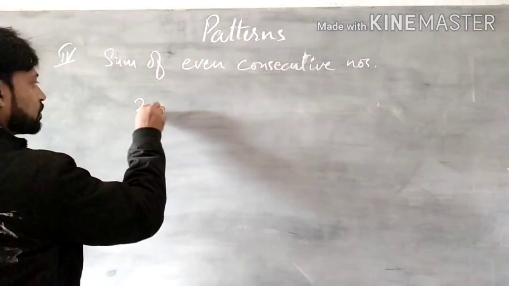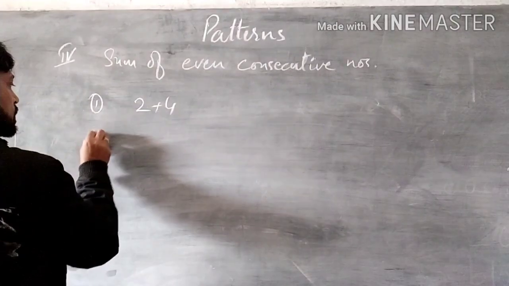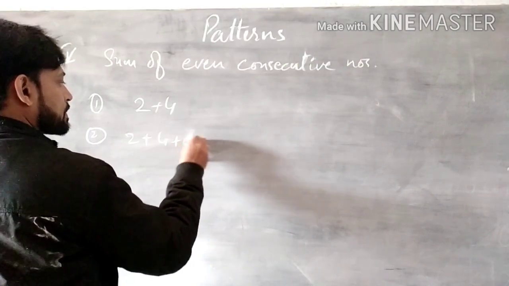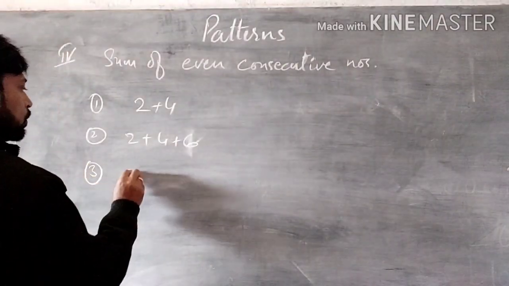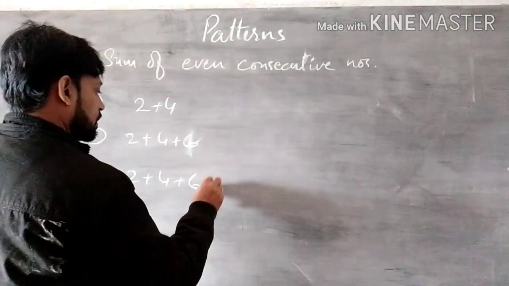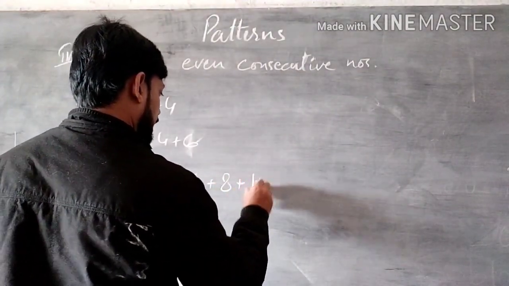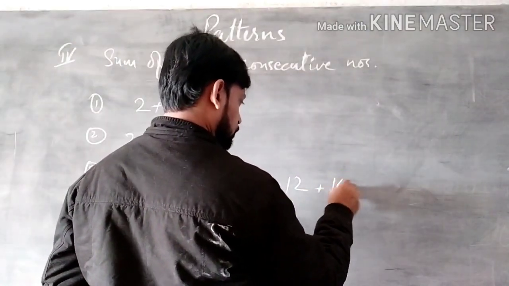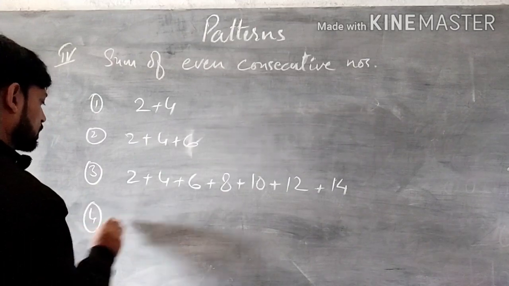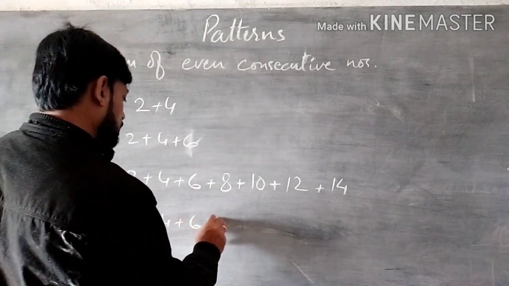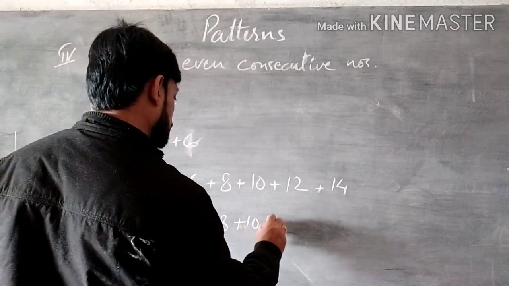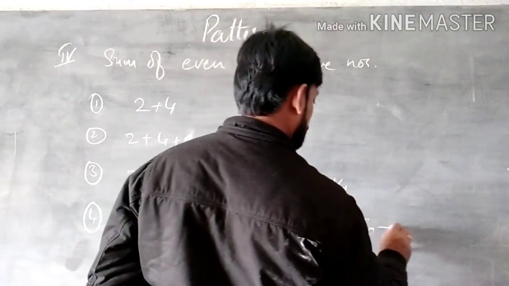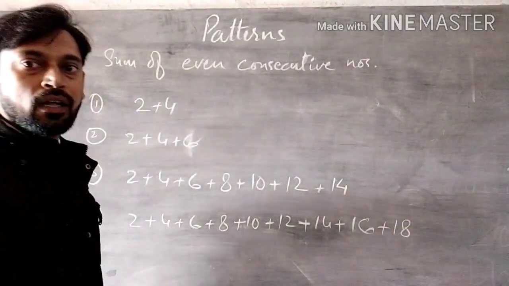Suppose first 2 plus 4, second 2 plus 4 plus 6, third 2 plus 4 plus 6 plus 8 plus 10 plus 12 plus 14, and fourth one is 2 plus 4 plus 6 plus 8 plus 10 plus 12 plus 14 plus 16 plus 18. Suppose these are the numbers.